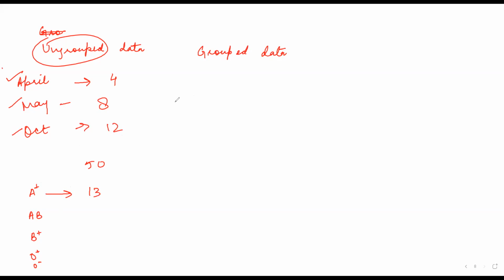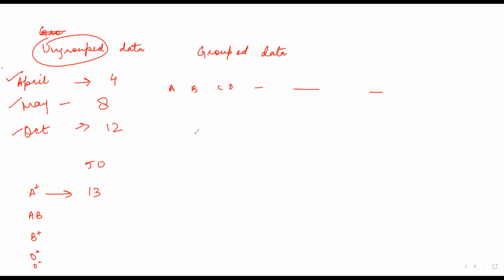Now ungrouped data can also be like that. For example, there are 20 students in the class, right? So I just name them, for example, there are names A, B, C, D, and like that.